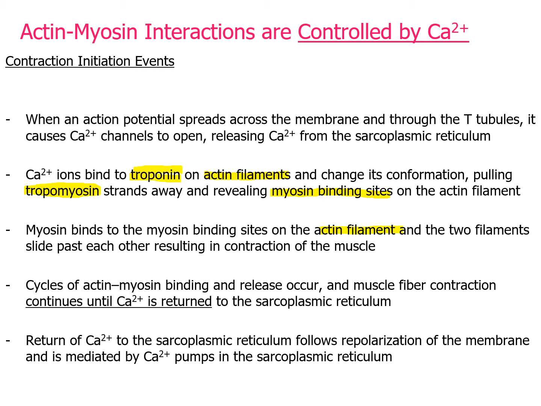So you get this repeated cycling of actin-myosin binding, release, and sliding along. And that is what causes the muscle fibers, the whole muscle fiber structure, to contract. And that will continue until signals stop arriving from the motor neurons and the calcium is no longer being released.